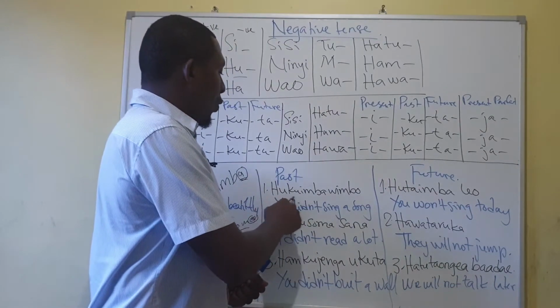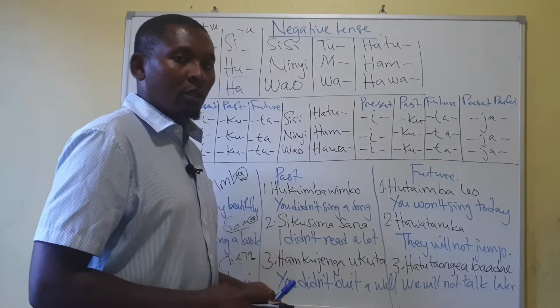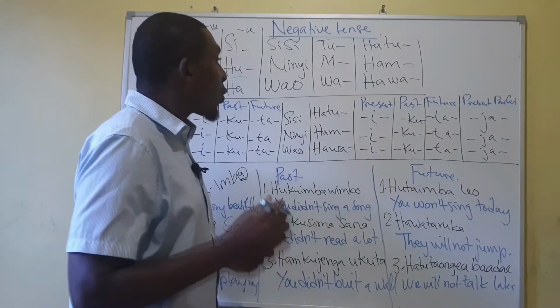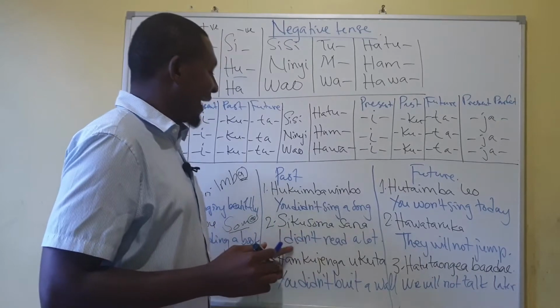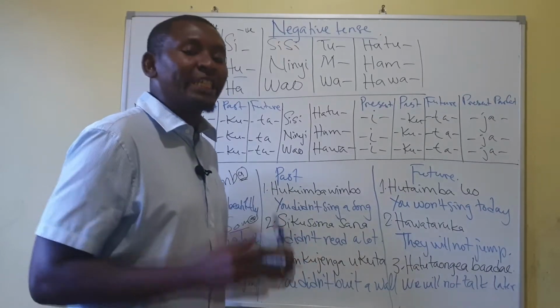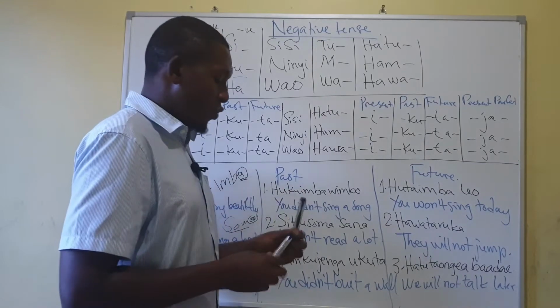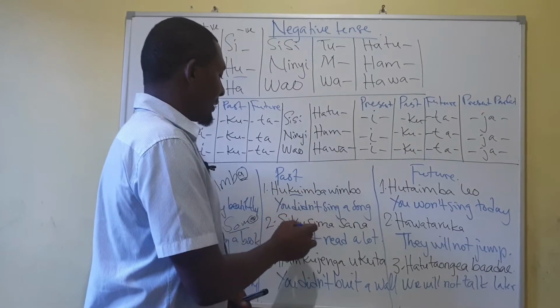So in the past, we see hukuimba wimbo. You didn't sing a song. Sikusoma sana. I didn't read a lot. So here, ku, as we've talked about, replaces li.